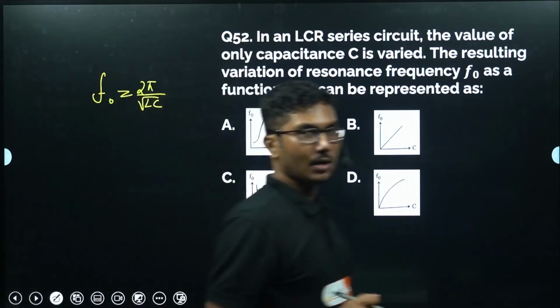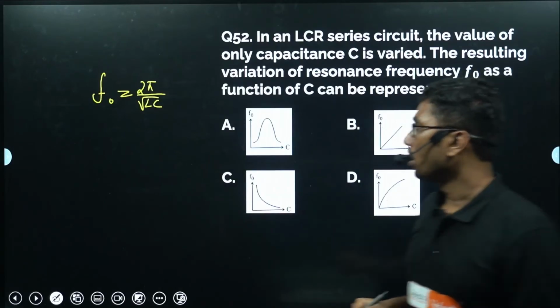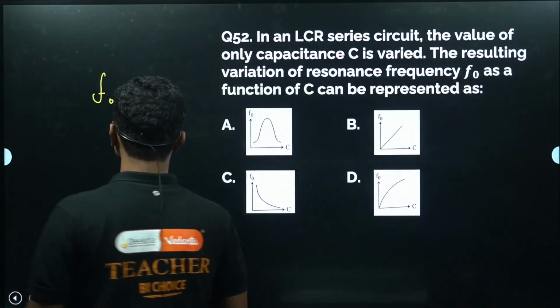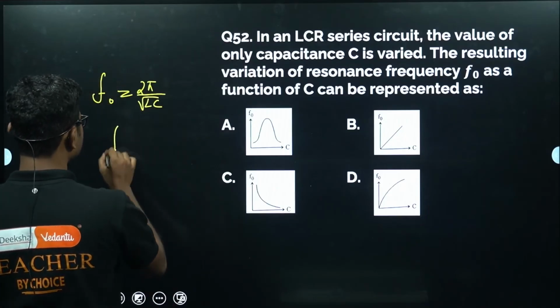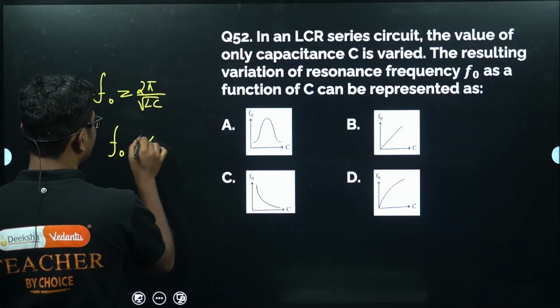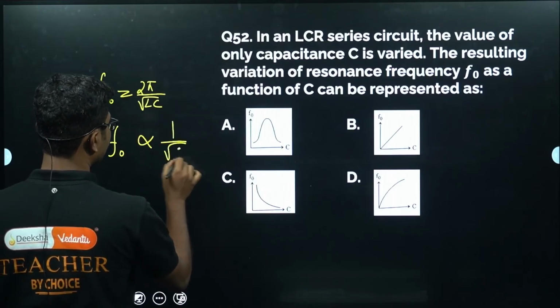Here L is constant, the only thing that varies is capacitance, so f naught goes as 1 by root C.